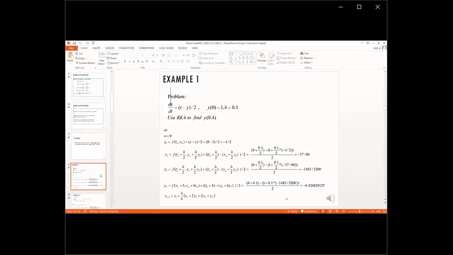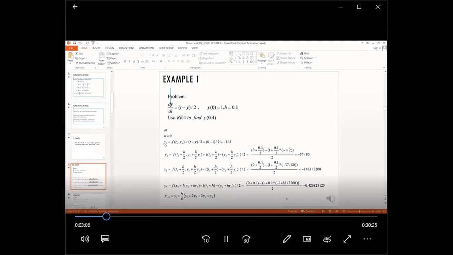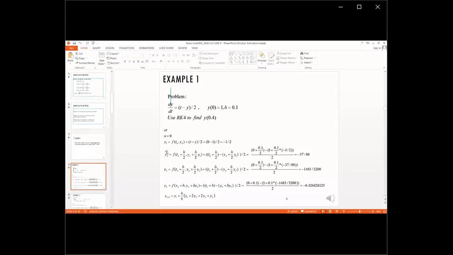In solving, what you need to do first is find your y1, y2, y3, y4. So in the Runge-Kutta method, you have to find these using the equations I asked you to note. So y1 is f at t naught, y naught. That's the equations we took earlier.